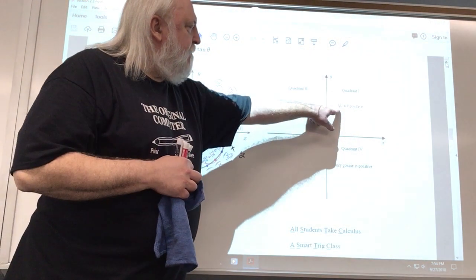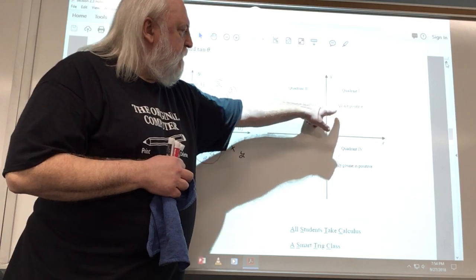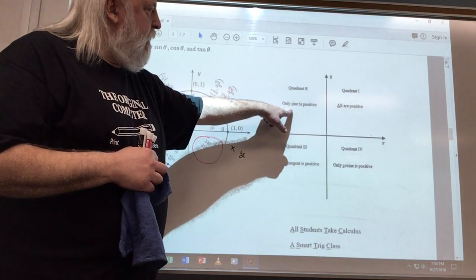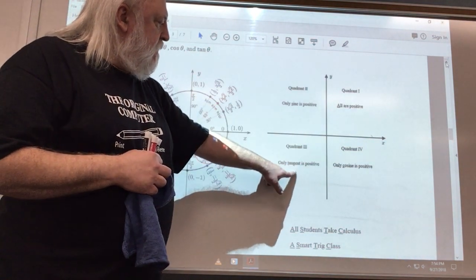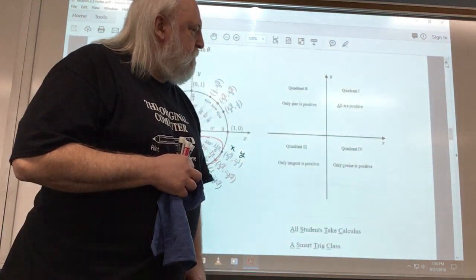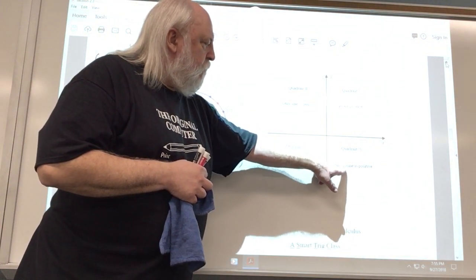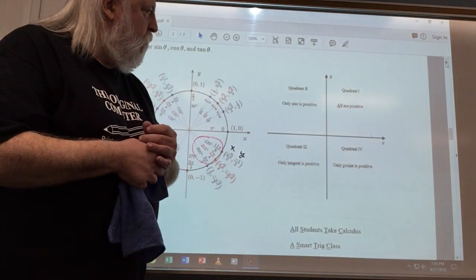So you notice I have A underlined in all are positive. S underlined and only sine is positive. T is underlined and only tangent is positive. And C is underlined and only cosine is positive in quadrant 4.